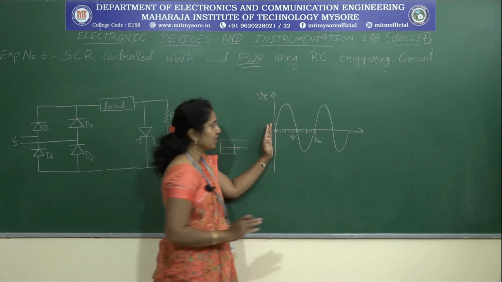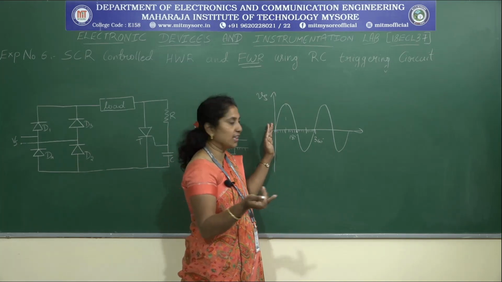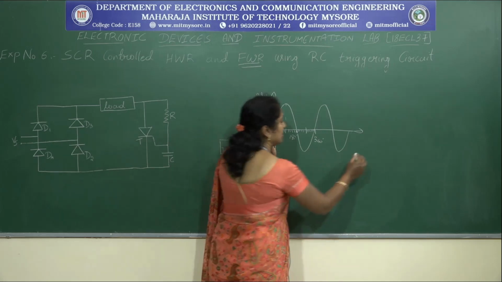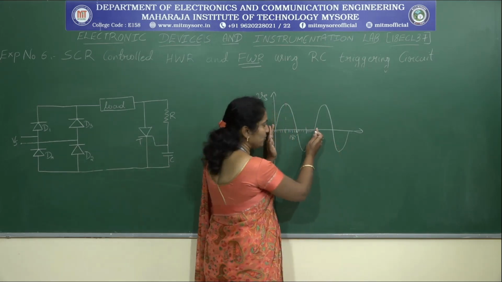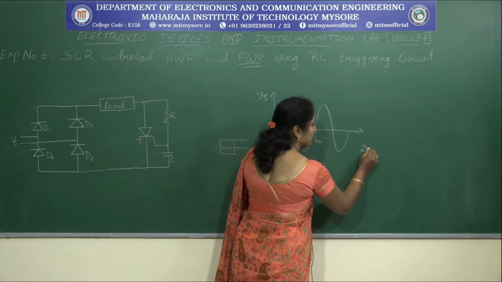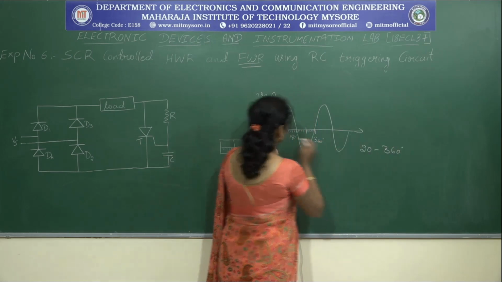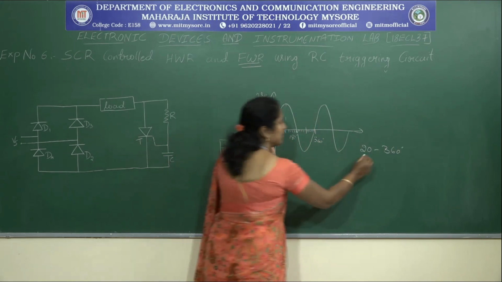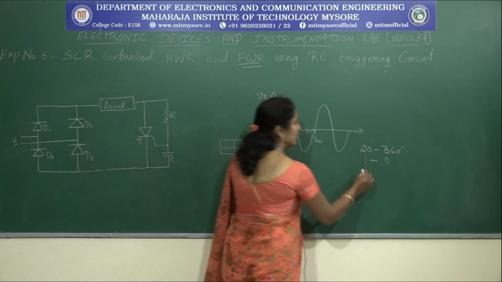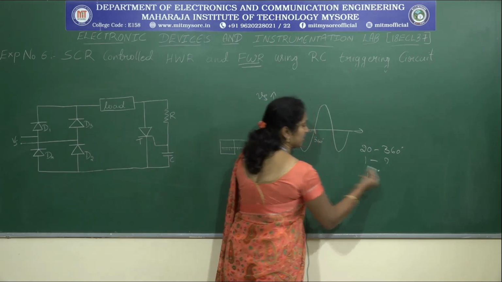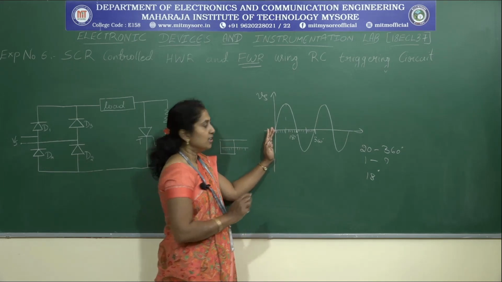So how much is the angle for each division? The total 20 divisions are for 360 degrees. For one division, how much is the angle? Then you will get 18 degrees. One division is equal to 18 degrees.